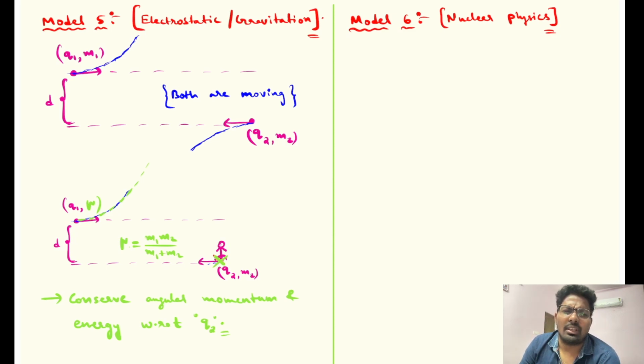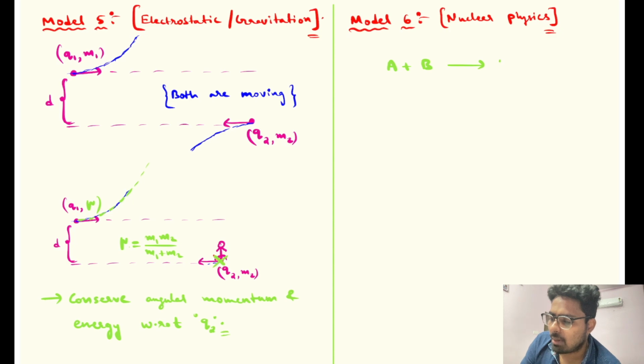I guess in 2014 or 2012, I don't remember, during that period they gave one question based on this. The question is something like this. I don't remember which nuclei are involved in that process, but I'm simply creating the question.